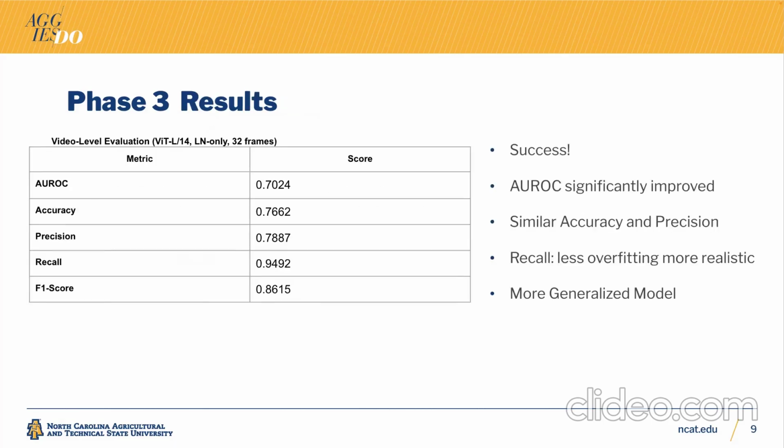And these are our results. As you can see, a much improved area under the curve score, as well as very similar, slightly improved accuracy and precision. The recall was slightly diminished, which in our view after discussions was probably a good thing. 100% probably raised some red flags.